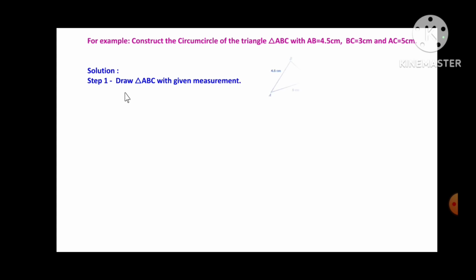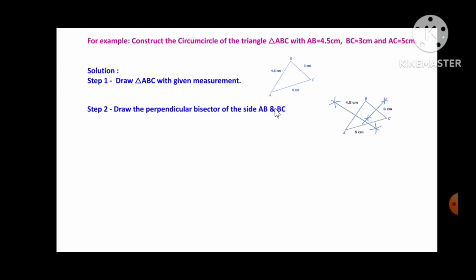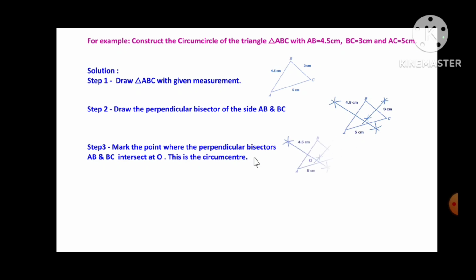First step: draw triangle ABC whose sides are given. It has been drawn, you can draw it easily. Second step: draw the perpendicular bisectors of any two sides. We will take AB and BC. The perpendicular bisectors of AB and BC are drawn here. Let these two perpendicular bisectors intersect at point O as shown in the figure.